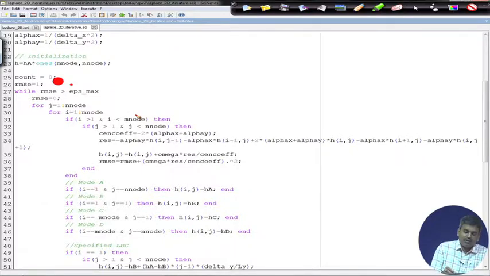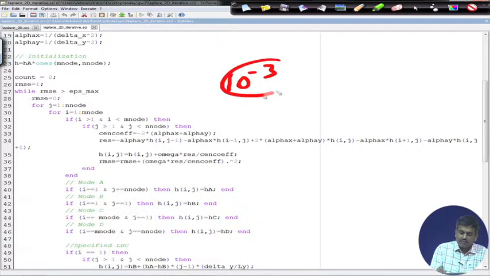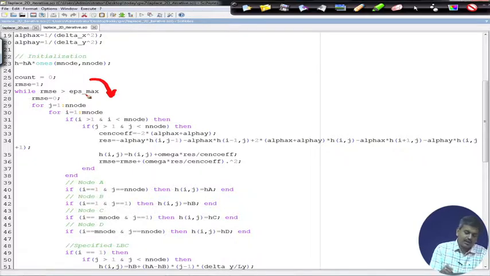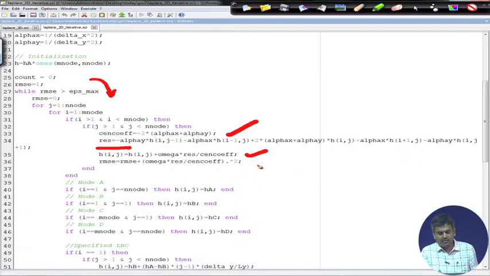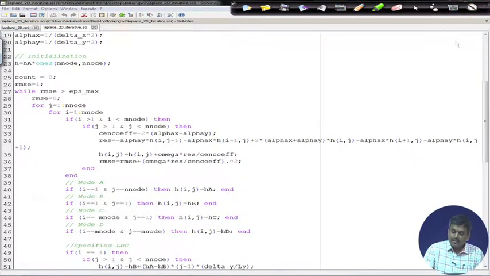RMSE is 1 means it is greater than 1 into 10 to the power minus 3, so obviously this will enter into this loop. Again I am putting RMSE equals 0 and I am defining this central coefficient. Now, this is my residual, and I am dividing this residual by the central coefficient, and RMSE equals omega residual by central coefficient squared.